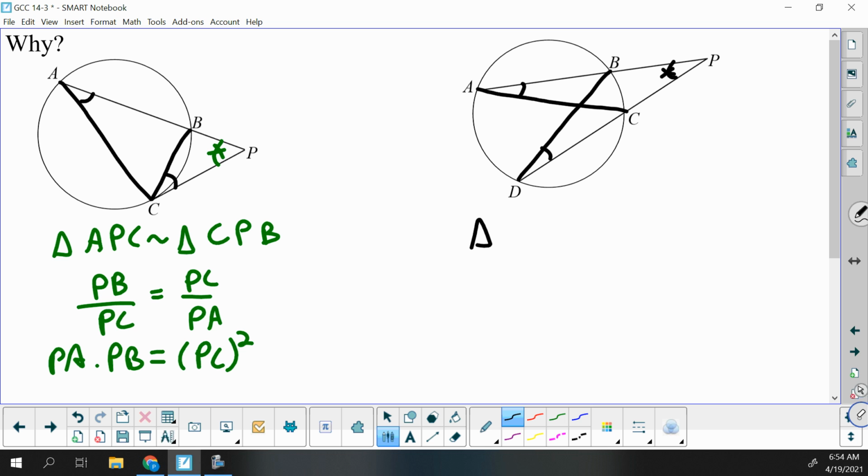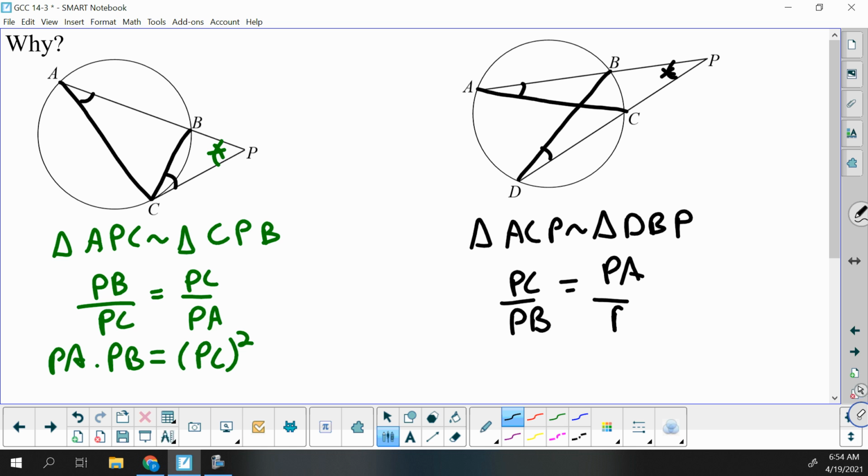So we can say that triangle ACP is similar to triangle DBP. So therefore PC over PB is equal to PA over PD. And if we cross multiply, that means PB times PA is equal to PC times PD.